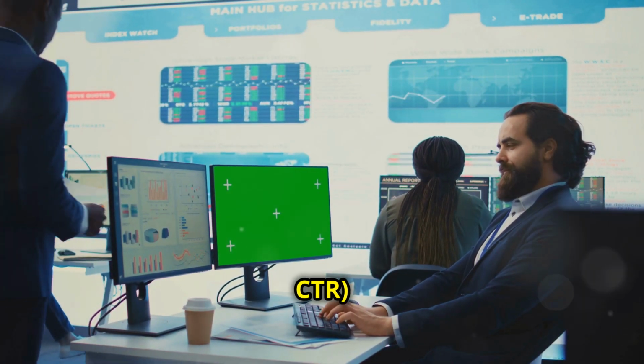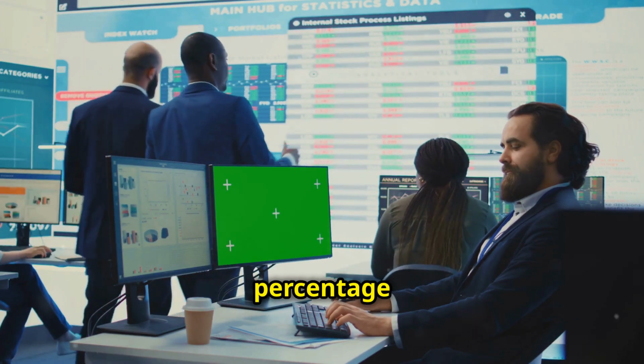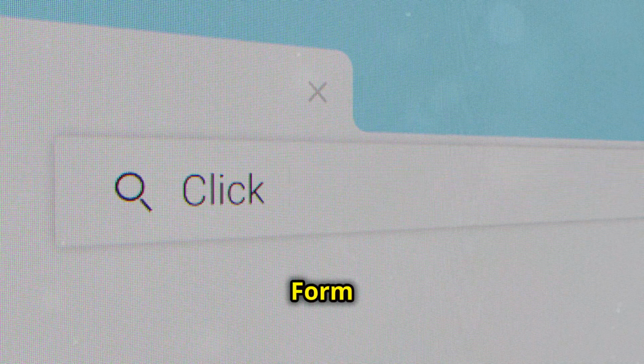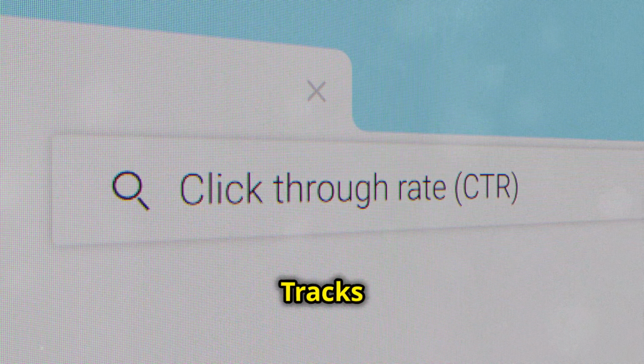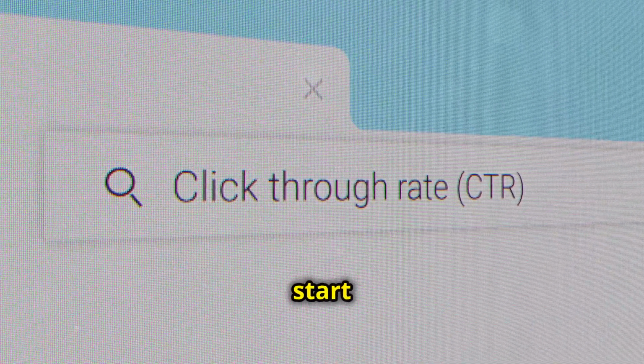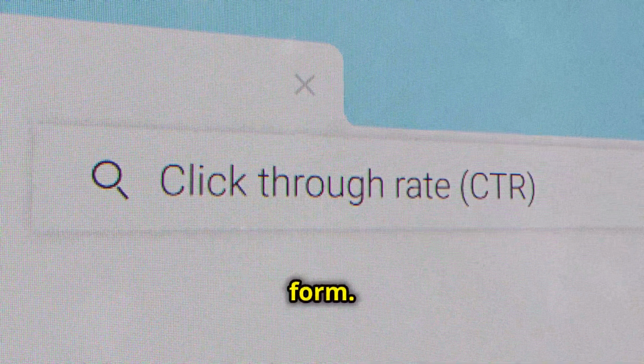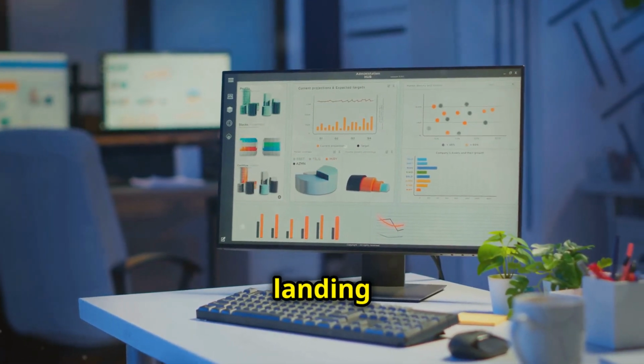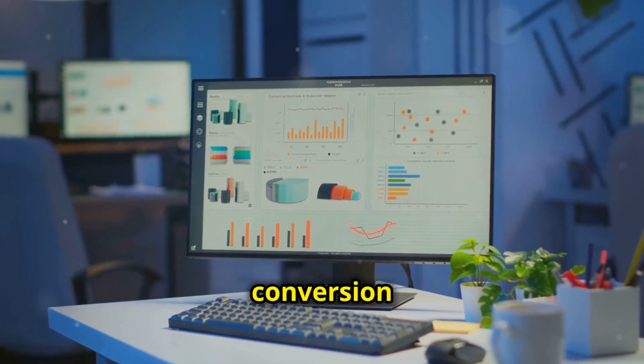Click-through rate, CTR, measures the percentage of visitors clicking on a specific link. Form abandonment rate tracks visitors who start but don't complete your form. Monitor these metrics to optimize your landing pages and improve conversion rates.